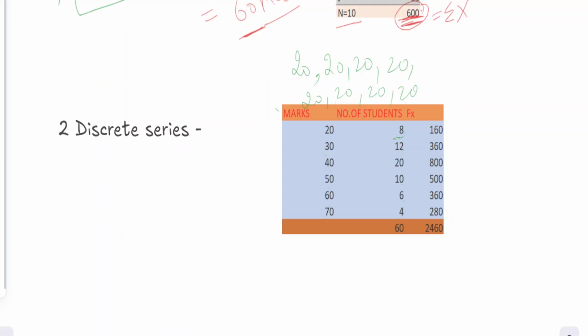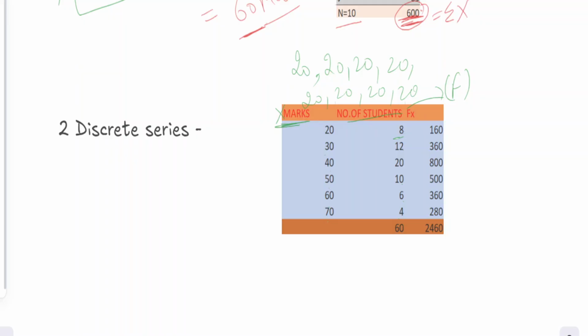Here the x value is these marks which are changing, and this is the number of students, which is termed as f, which is frequency. Frequency basically means how many students are getting 20 marks. If I say it in an individual format, there are 8 students who are getting 20, 20, 20, 20.